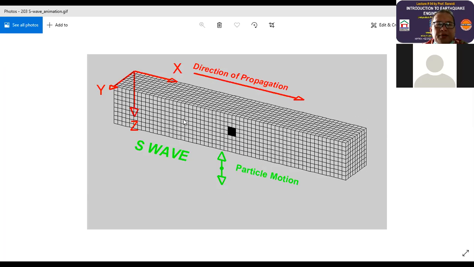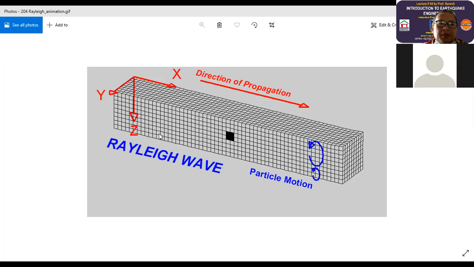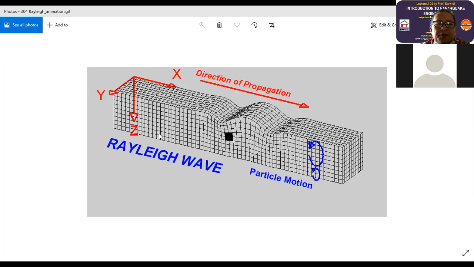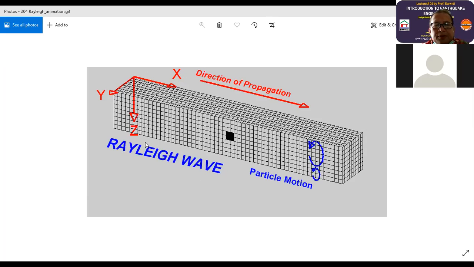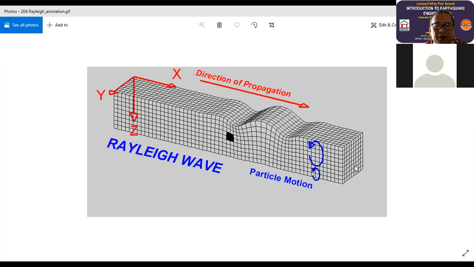Okay. And when the two body waves, the P wave and S wave, reach the surface, there is a kind of surface wave. We call it the Rayleigh wave. The motion looks like a circle, and the direction of propagation comes from here at the side.